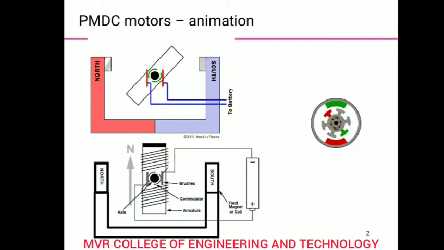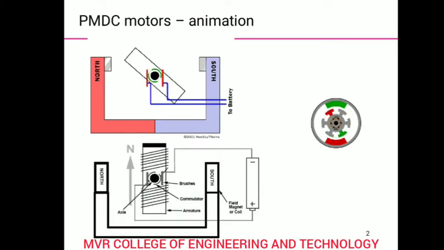Whenever the supply is given to the rotor through brushes, it gets excited, and the field from the stator, these two opposite fluxes will contact with each other and give a resultant flux. This resultant flux will develop a net torque, and this net torque will rotate your rotor.